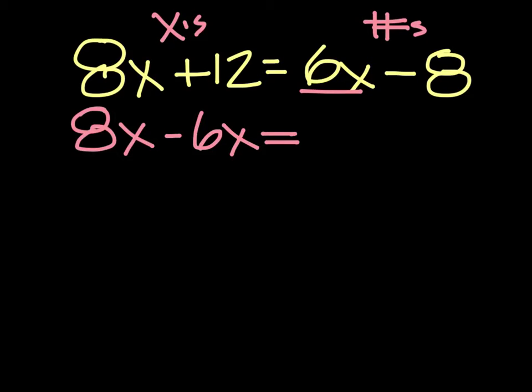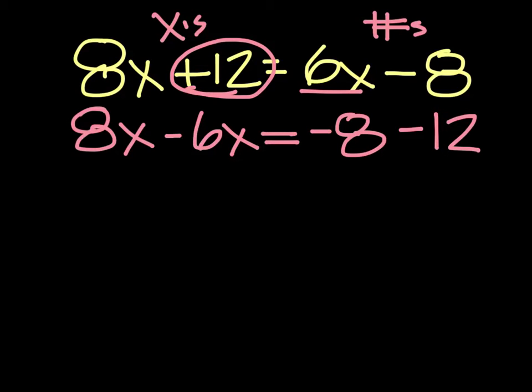On the right side, what already belongs over here? 8. What kind of 8? You have to use the sign in front of it, so it is negative 8. But what must go over there with it? The 12, yes, and it becomes what? Negative 8, not plus 12, minus 12, yes.